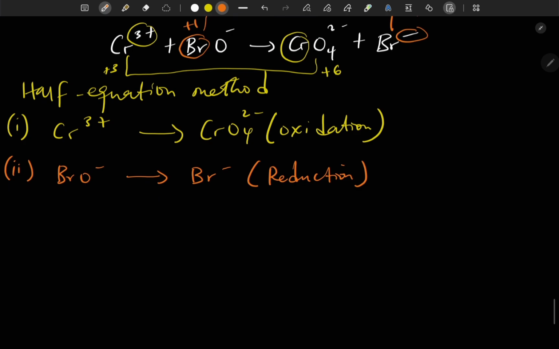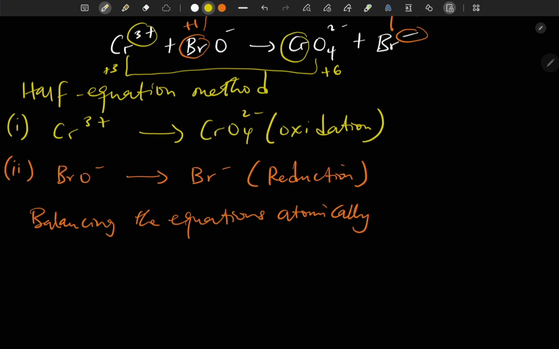So let us balance the equations atomically. The rule says that we should balance the central atom first. For the oxidation part, the central atom is already balanced because we have one atom of chromium, one atom of chromium.